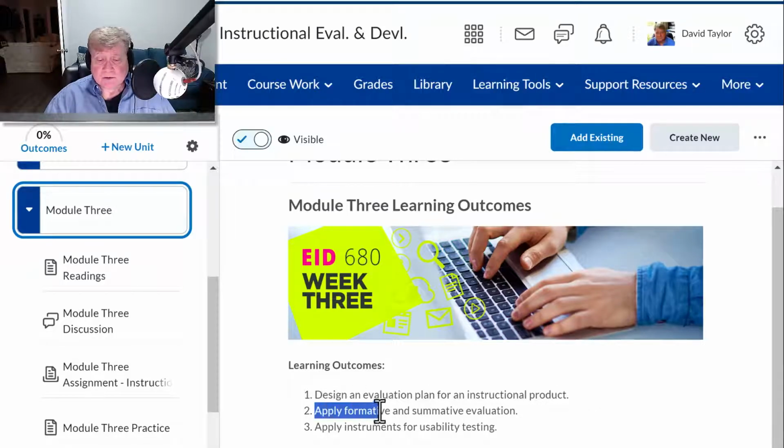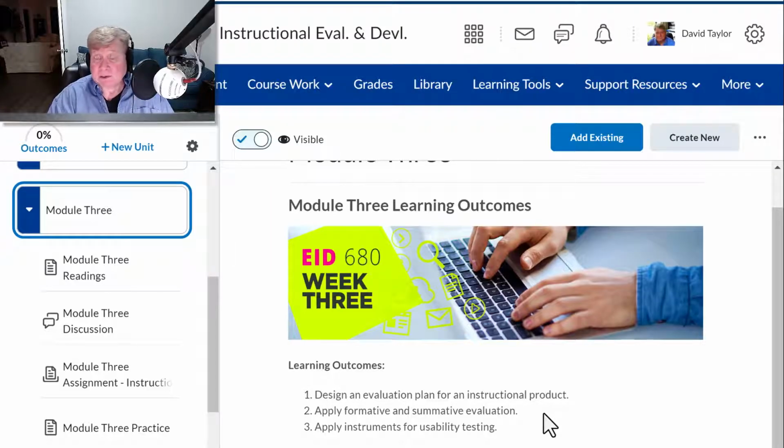This week we want to distinguish between formative and summative evaluation. Formative evaluation is done while you're in the process of teaching, while your students are in the process of learning. So any evaluation that you give will supposedly further their understanding, further their advancement.